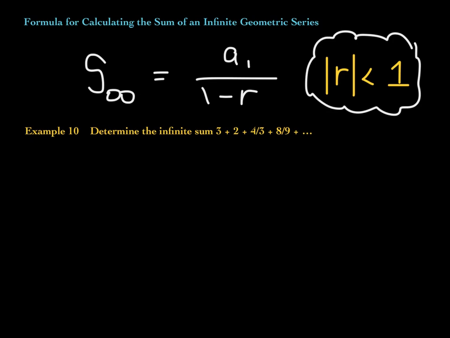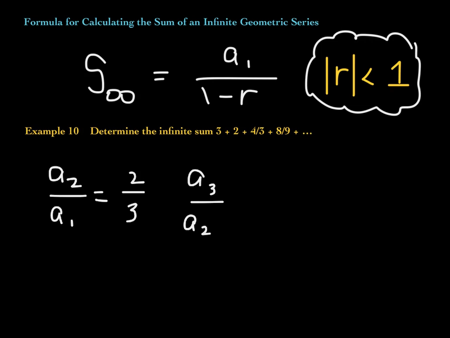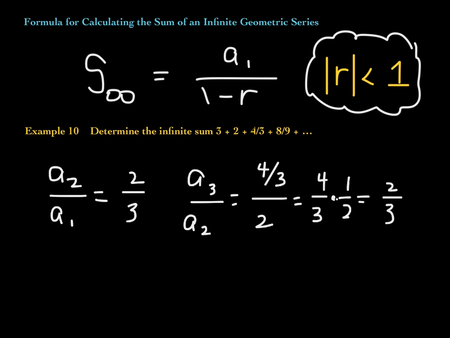Let's take the second term and put it over the first term. I'm finding the ratio between these two terms. So it'll be 2 over 3. The third term over the second term would be 4/3 over 2, which is 4/3 times 1/2, right? Which is 2/3. Let's go for the fourth term over the third term.